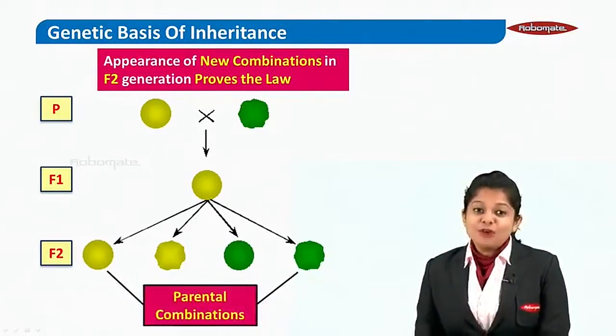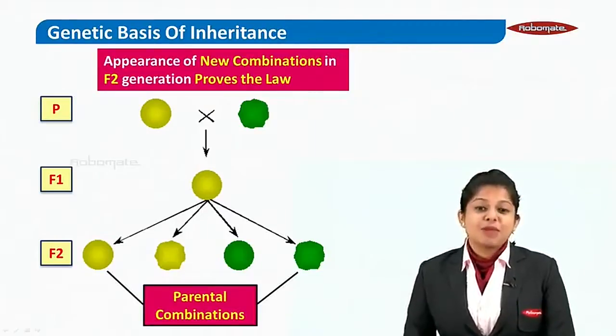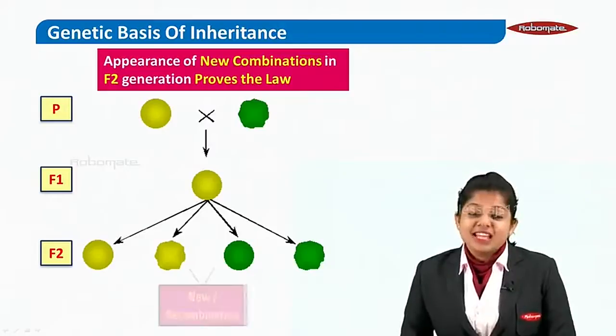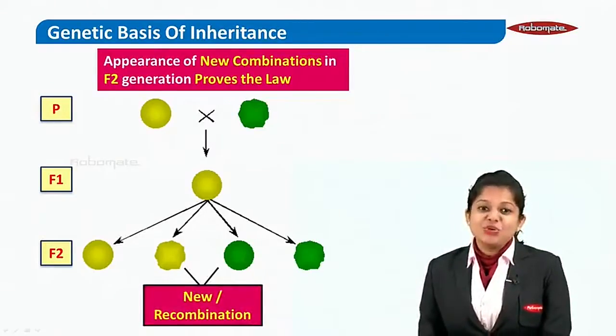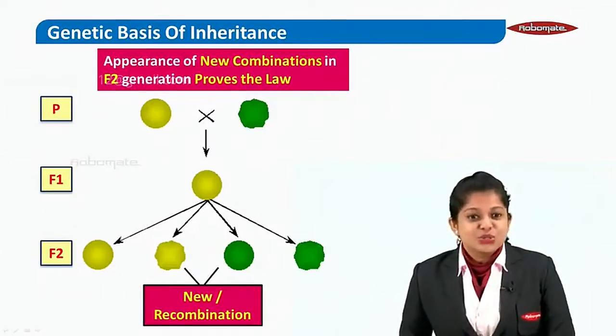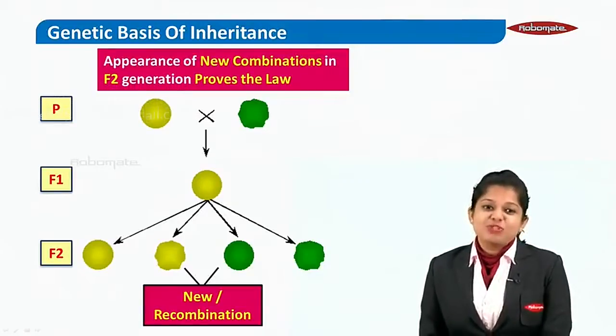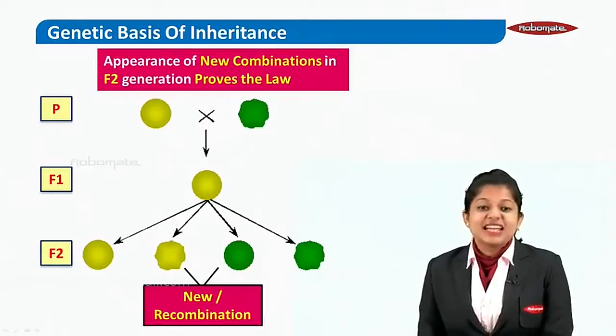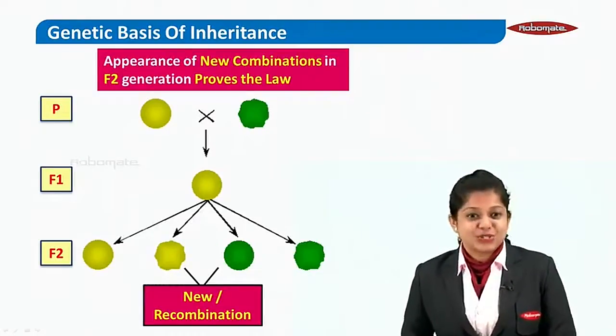Now, no doubt we are seeing the parental combinations, that is yellow round and green wrinkled, but the remaining two are new combinations, or recombinations. So this very much supports our third law of inheritance, that is the law of independent assortment.